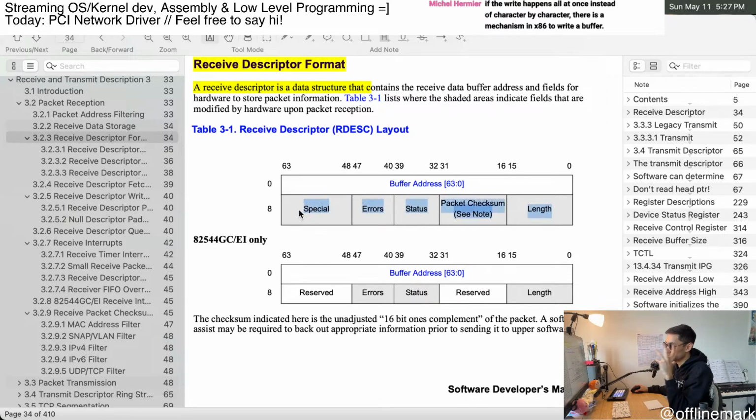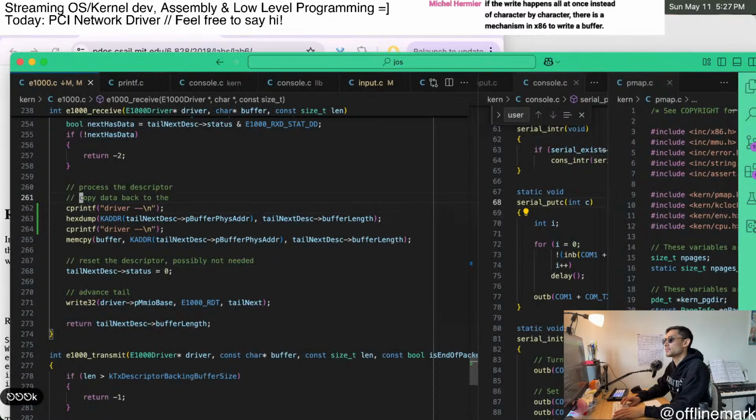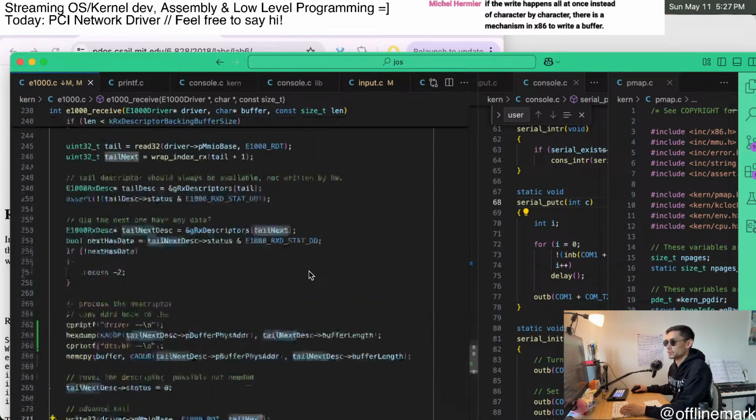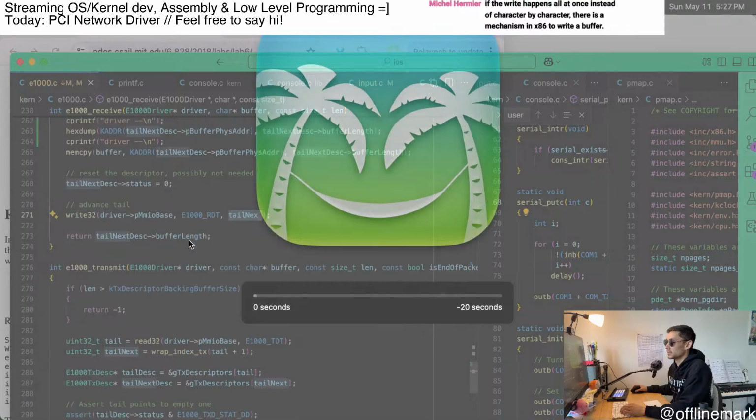So I don't really think it's important to zero things out. I do it kind of here. Then we advance the tail and we set the tail to the tail next value, which is just what we computed earlier, very simply. All right, quick 20-second break, be right back.